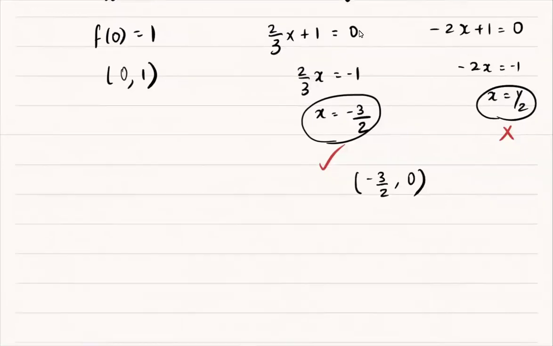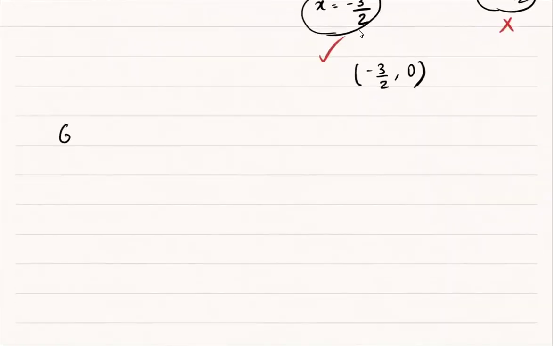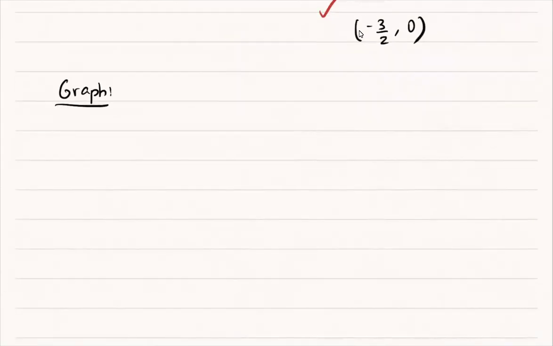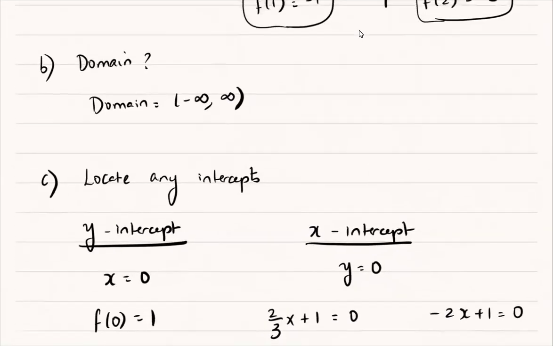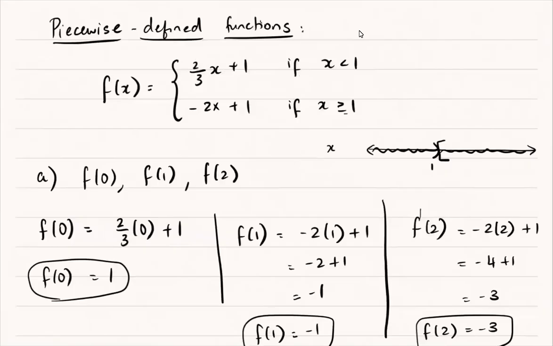Now let's use all of this information to graph this function. When you graph a piecewise function, the first thing you do is ask how many functions you are graphing. You're graphing 2 in this case, and it is getting divided at an x value of 1.